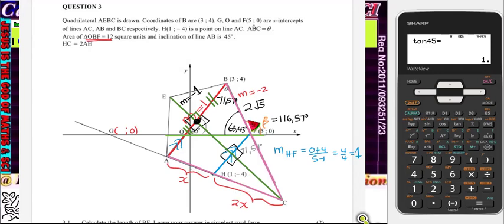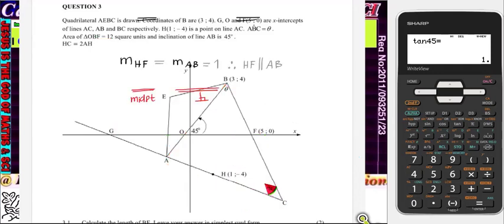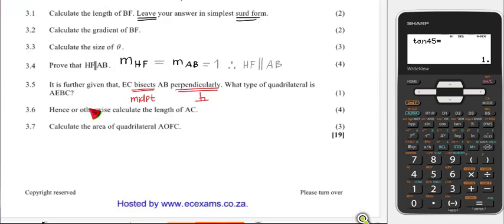Now, the question is, can I get point C? Yes or no? Is it possible for me to determine point C? If I can get C, then I can work out that whole line, which gives me exactly what they want. Let me double check. Yes, they say hence calculate that. They're just giving you formats.